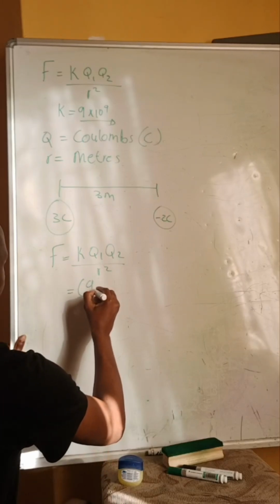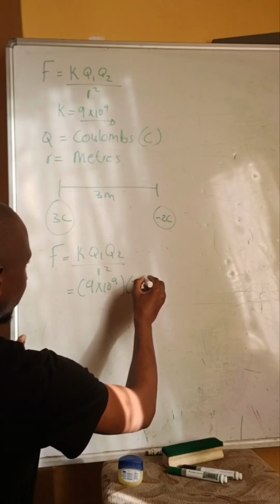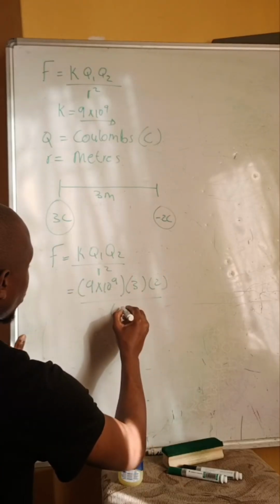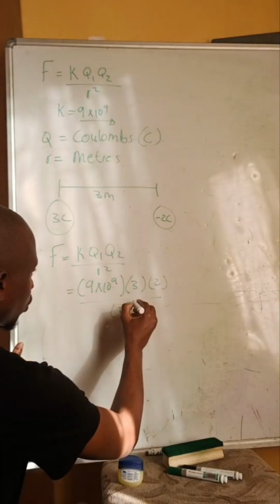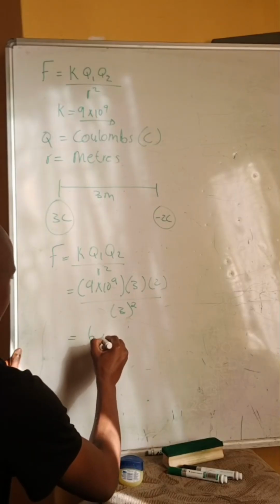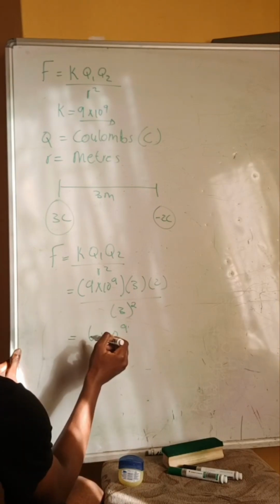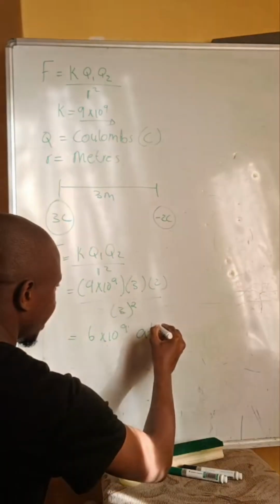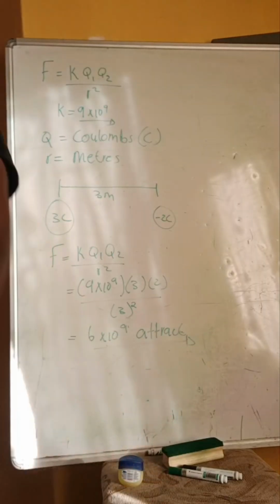It's going to be 9 exponent 9 multiplied by 3 multiplied by 2 all over your r, which is 3 meters. Some students forget to put the square, so it's going to be squared. And then your answer will be 6 exponent 9. But here, because the answer is positive, we don't say to right or to left. We say it is attract. They are attracted to one another.